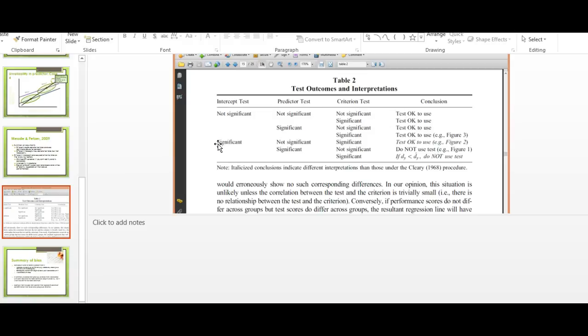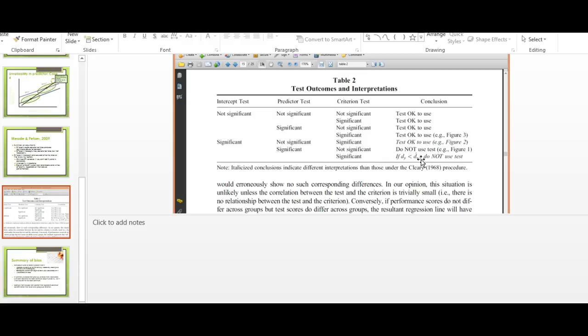The issue comes in when you run the MMR and the group B weight or weights are significant. And then that is a necessary but insufficient condition for bias. And you'll want to look at the predictor tests and the criterion tests that you ran in steps 1 and 2, and then make a decision from there.